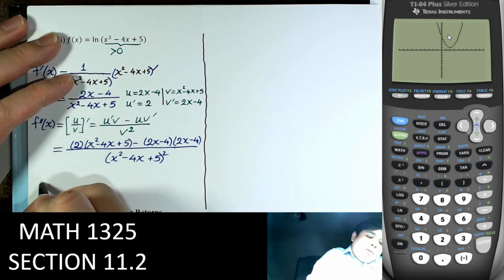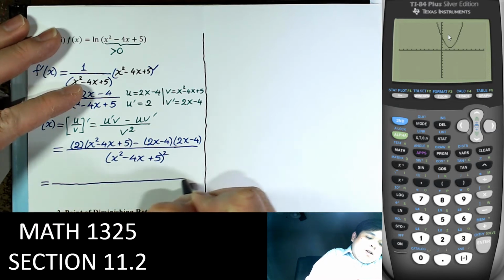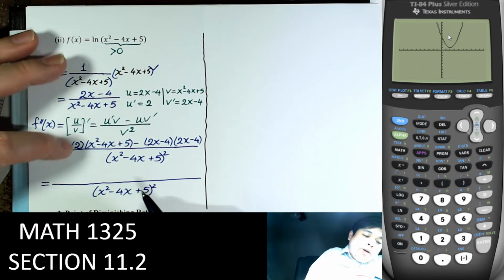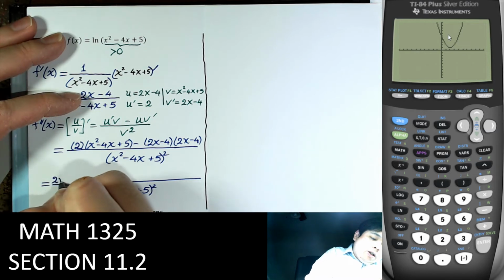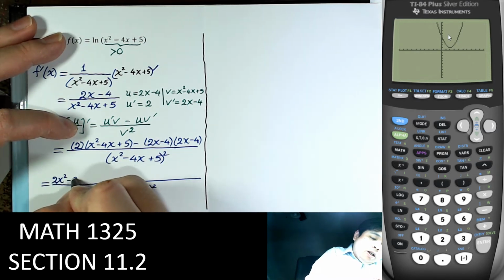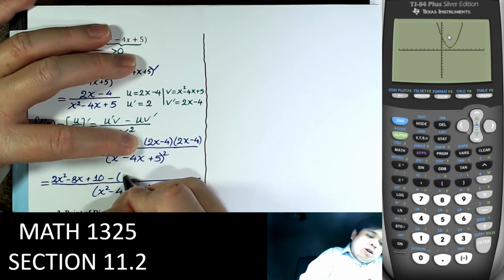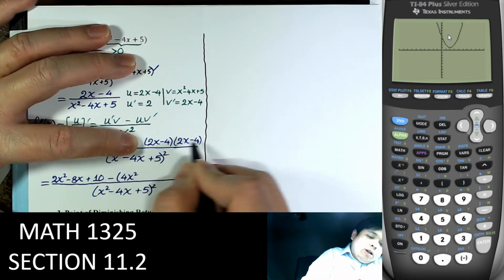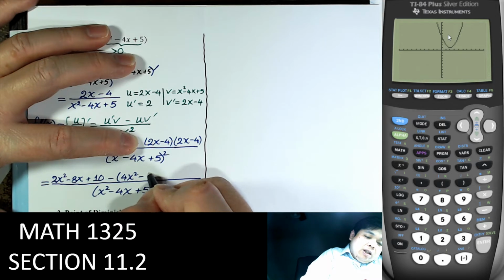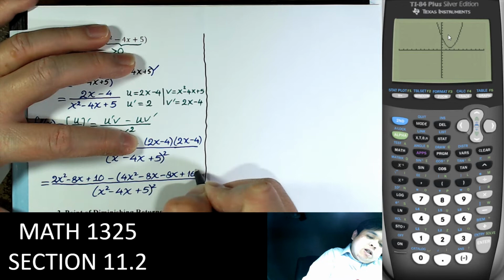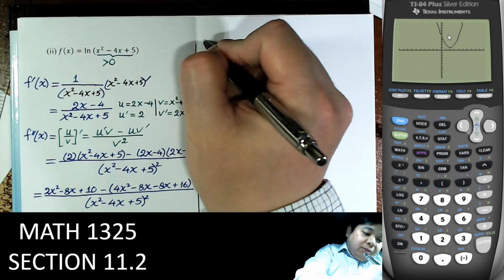Alright, I will multiply them out and simplify. 2x squared minus 8x plus 10. I multiply them out first: 4x squared minus 8x, minus another 8x, plus 16. Right, keep going.